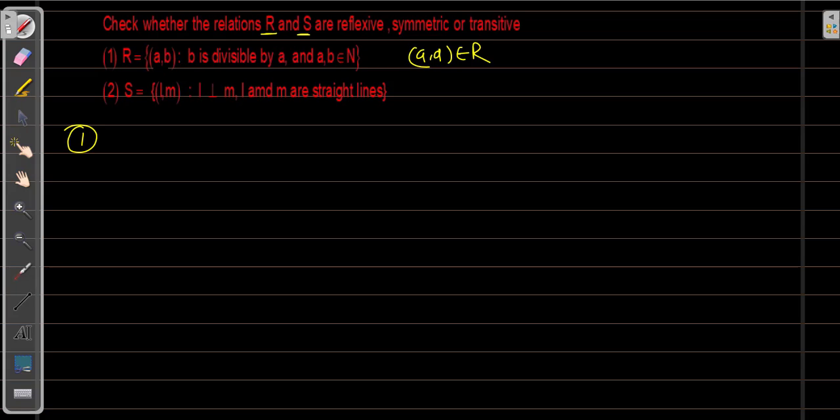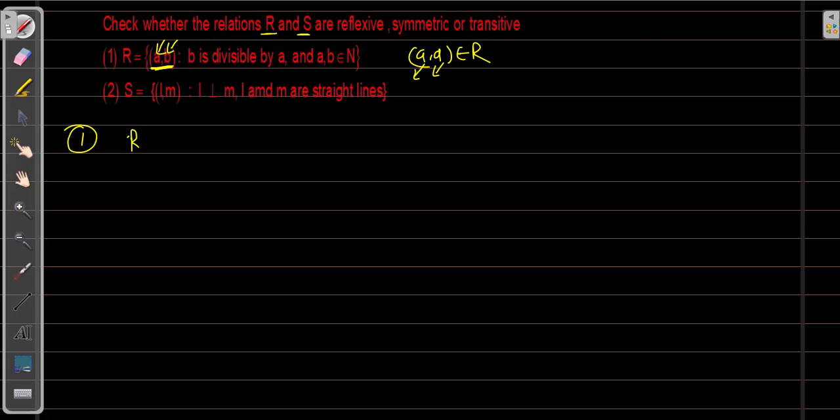The relation is defined like this: if any ordered pair (A, B) belongs to relation R, then the second element is divisible by the first element. Can we say that A, the second element, is divisible by the first element A? Of course, each element is divisible by itself.